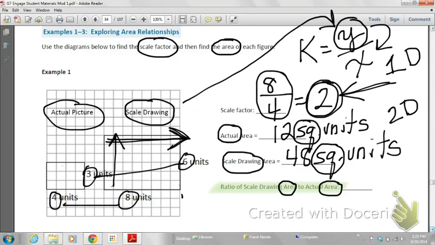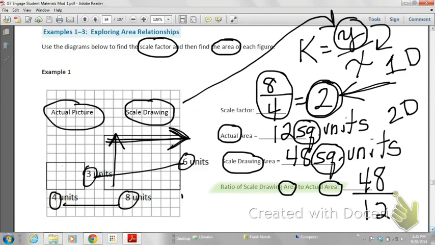So for the ratio of scale drawing area to actual area, we put the scale drawing area, which is 48, over the actual area, which is 12.